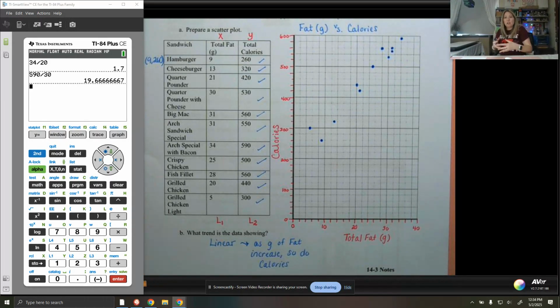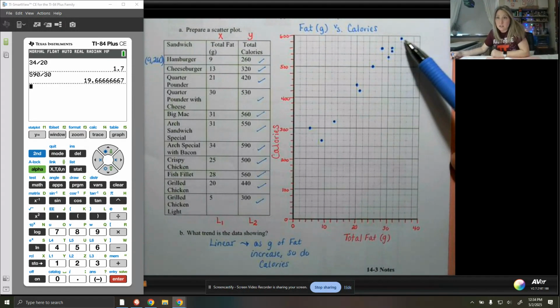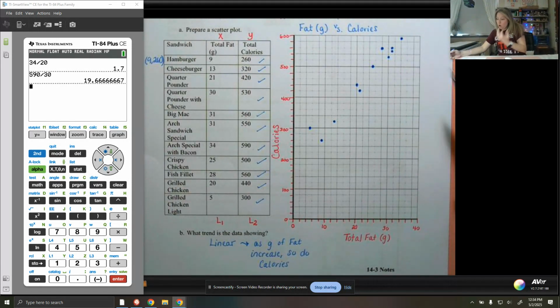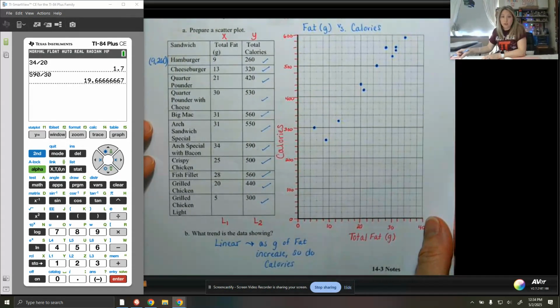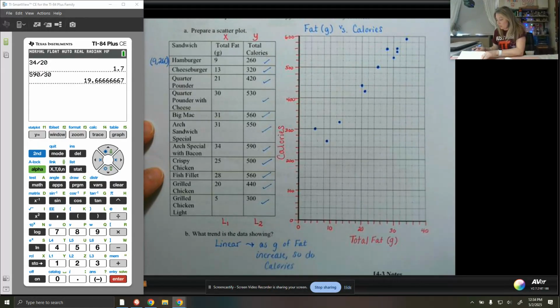So that's telling me as X increases, so does Y. That would be a positive sloped trend. Now, what we're going to do next is prove that that is the case. We're going to use our graphing calculator to run what we call a linear regression on this data.